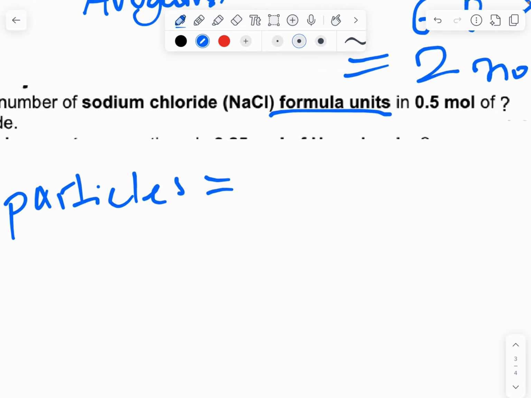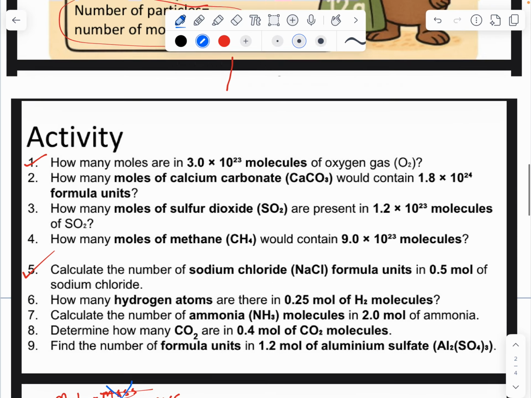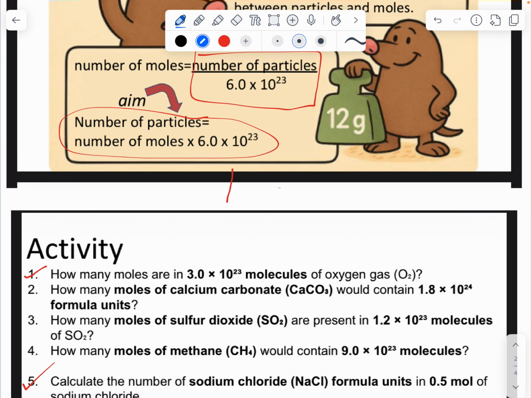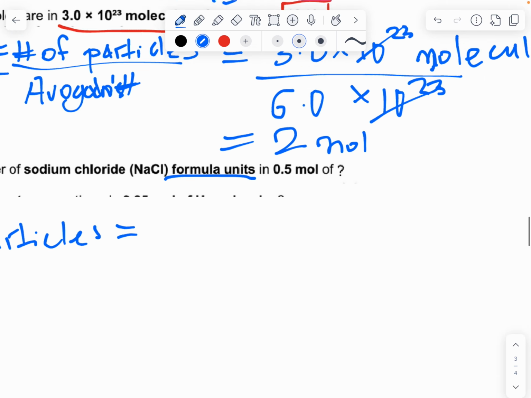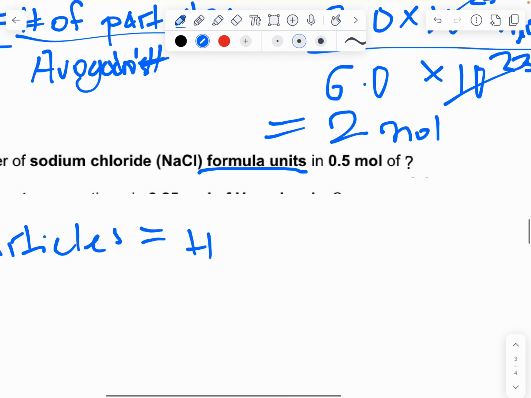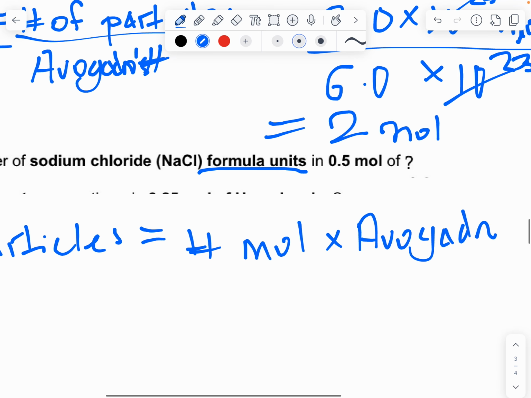So let us work. The formula that we got earlier says number of particles is equal to number of moles times Avogadro's number. So number of mole times Avogadro's number.